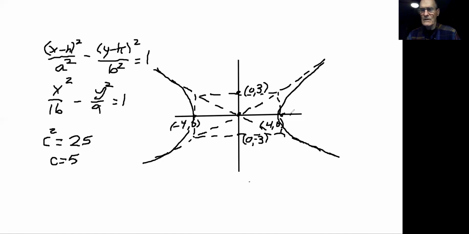So your foci are at 5, 0 and minus 5, 0. Okay, that is the technique you're going to use for graphing the hyperbola.